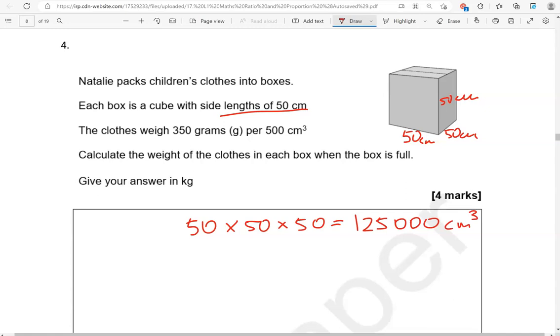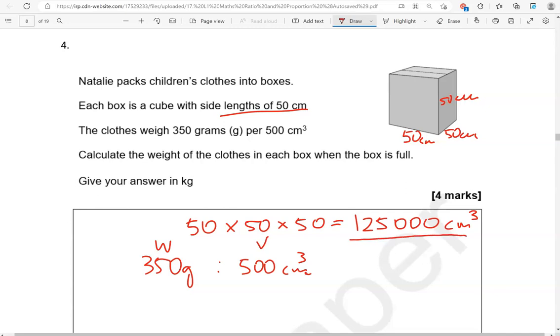Okay, so the clothes weigh 350 grams per 500 cubic centimeters, which is the volume or the space they take.